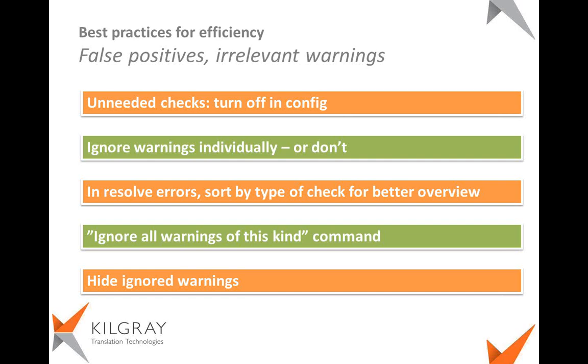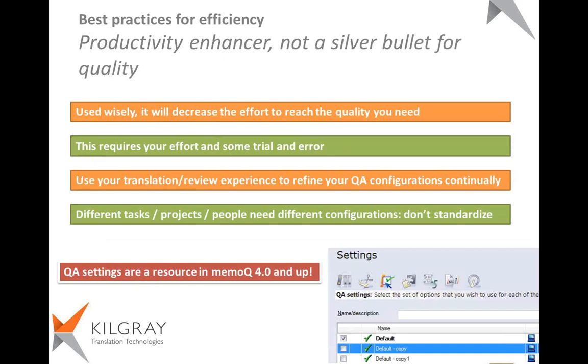But we can do better than that, because what if we don't even check for these things? What if we don't even let those checks run that provide us with the false warnings?